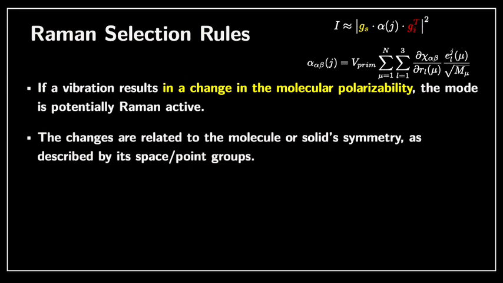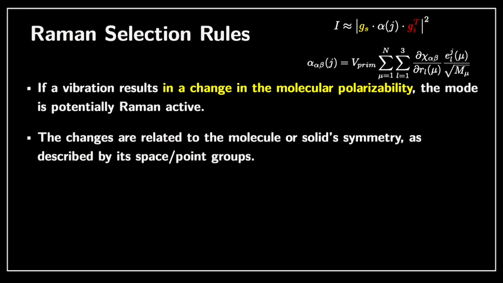So the symmetry matters a lot, and the good news is that you do not have to worry too much about that, because all you have to do is to find the space group and the point group symmetry of the material. The reason you don't have to worry is that Raman spectroscopy is so important that the character tables, those tables that describe the point groups, will actually tell you which modes are Raman active due to symmetry.